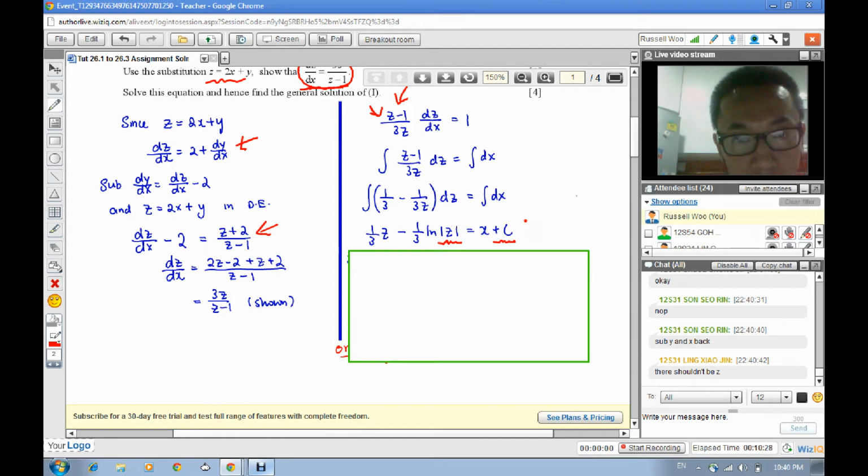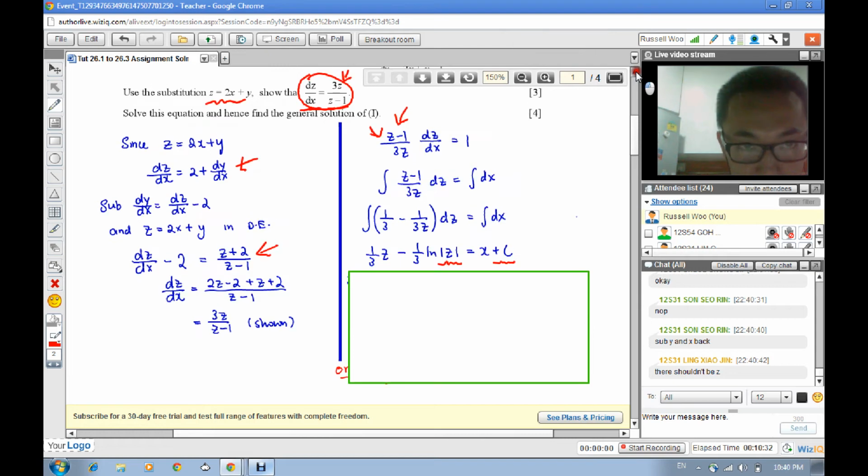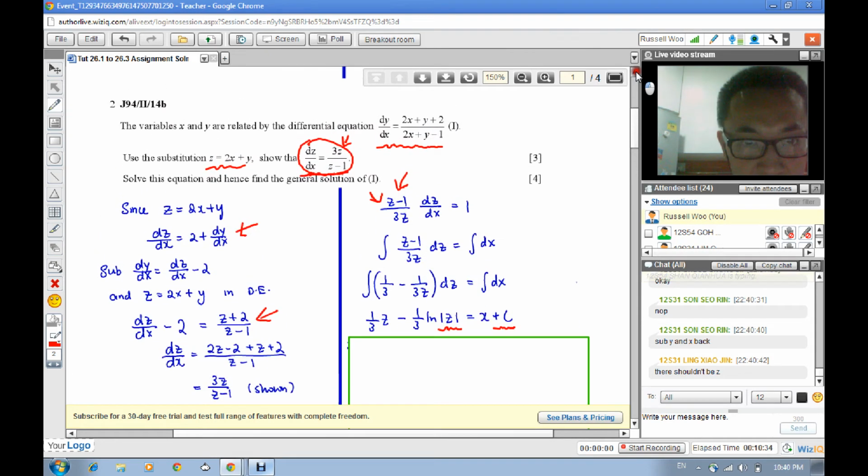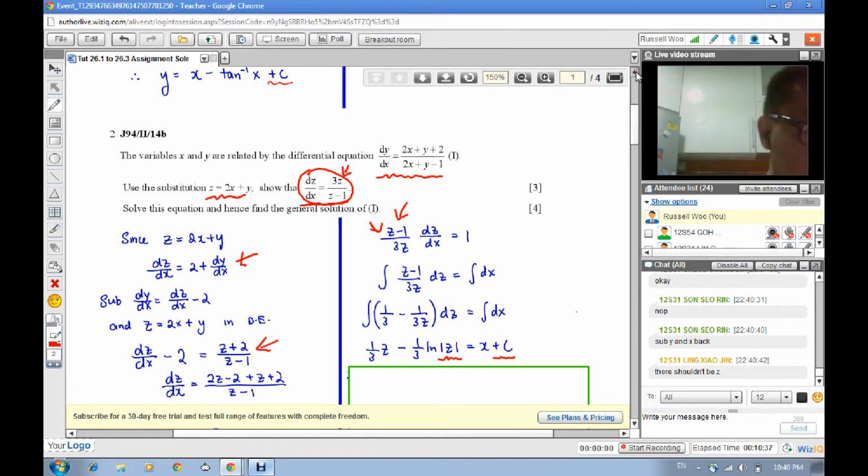Yep, very good. The substitution is just to help you solve the DE. The original DE is this one.